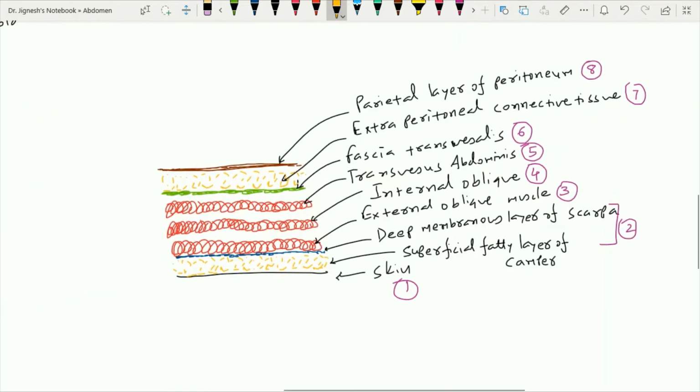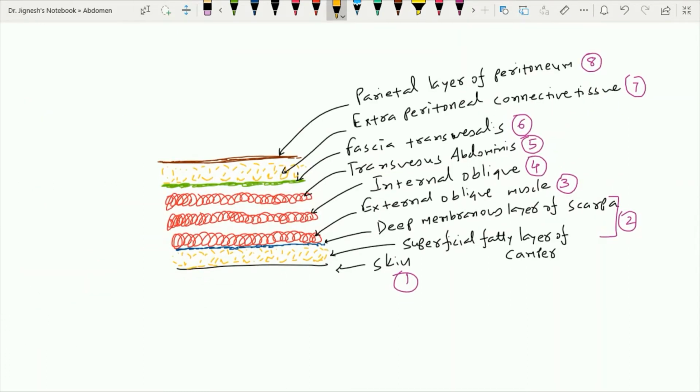These 8 layers of the anterior abdominal wall reduce to 6 layers near the linea alba. The linea alba is present in the midline of the anterior abdominal wall and is formed by the overlapping, or intermingling, of the aponeuroses of all the anterior abdominal wall muscles.